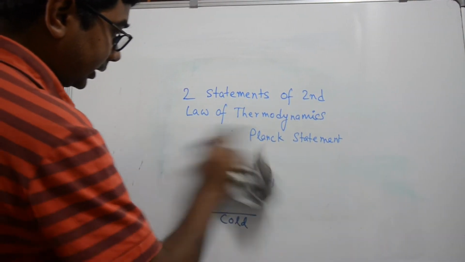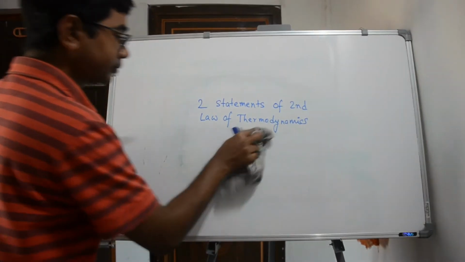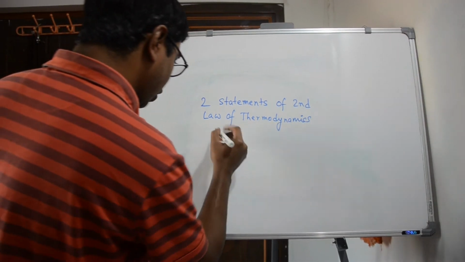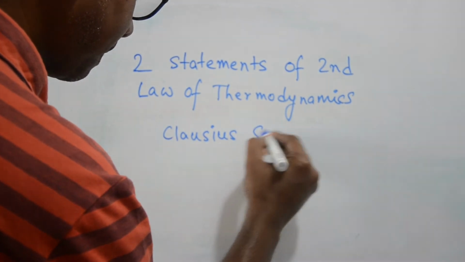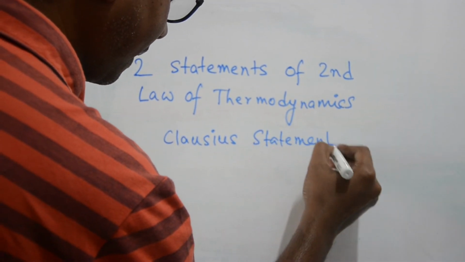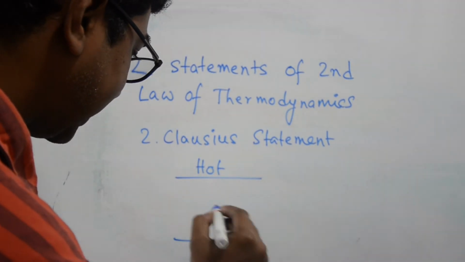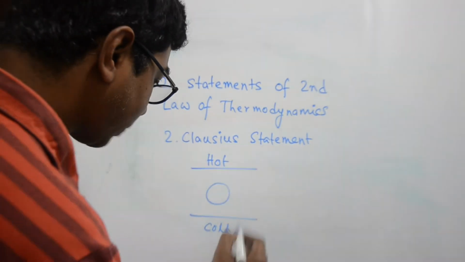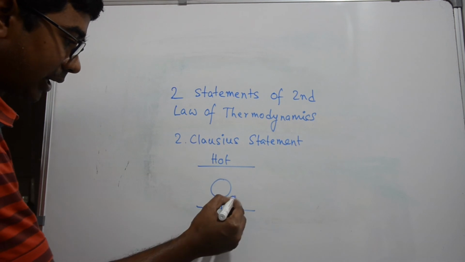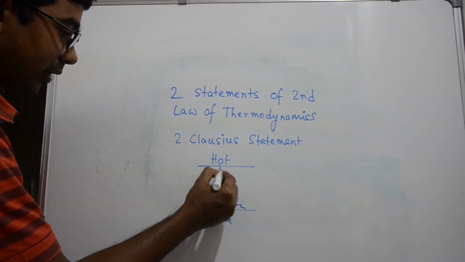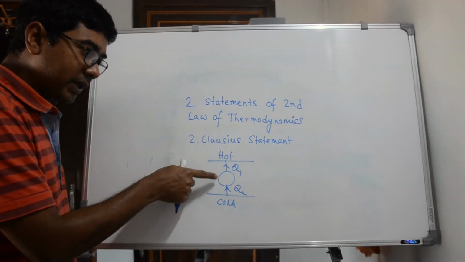And then the Clausius statement talks about the refrigerator. It basically tells us that we can't make any refrigerator whose performance will be the complete extraction of heat from the cold reservoir and giving it to the hot reservoir without any external work performed on the refrigerator.